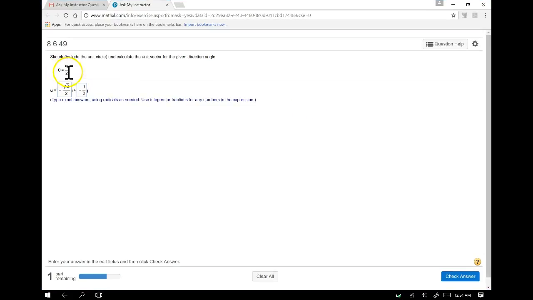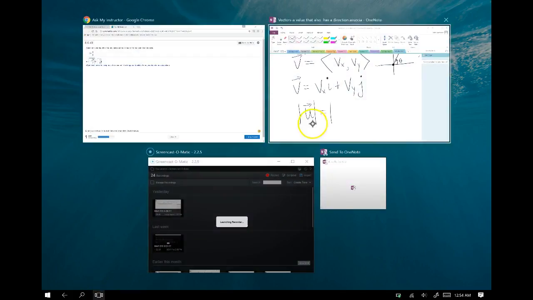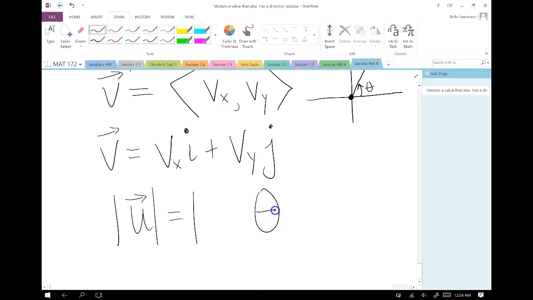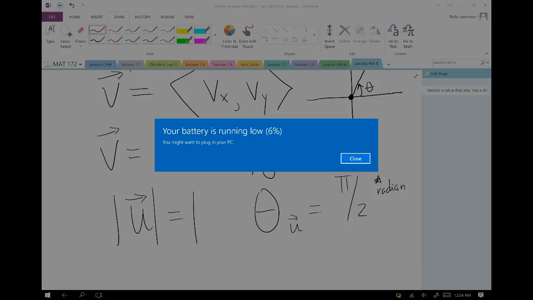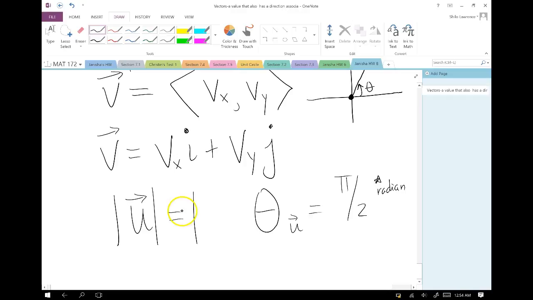They say the angle is pi over 2. And be very careful because this is a radian. In all the problems we've done so far, we've used degrees, so you're going to have to change your calculator to radians.